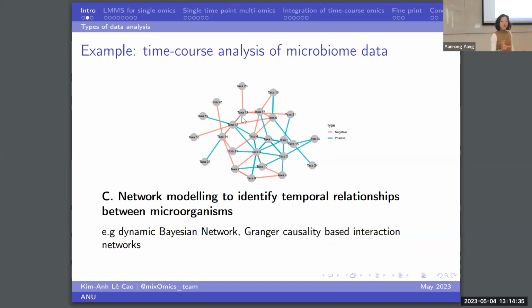The way I see it, when I talk to my postdoc, I say those bacteria are all friends with each other in a given environment, perturb the environment a little bit, and suddenly they make new friends and they make enemies and they break the relationships that they had with each other. Can we actually capture this in a network? Can we model this as a network? So that's the third question that I think is quite challenging to solve because it's across time.